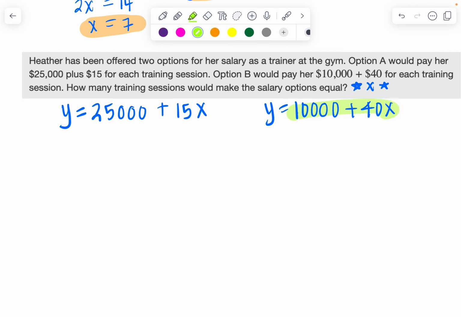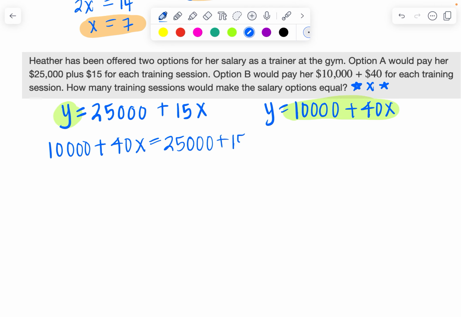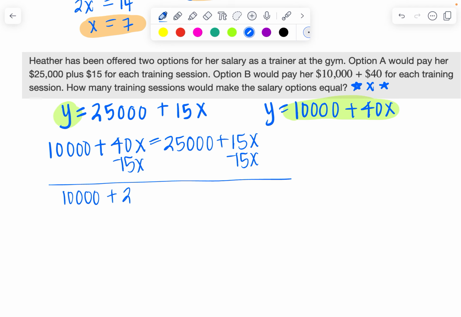I can just take this now and plug it in for my Y. So I'll do 10,000 plus 40X equals 25,000 plus 15X. If I take 15X from both sides, I'll get 10,000 plus 25X equals 25,000.